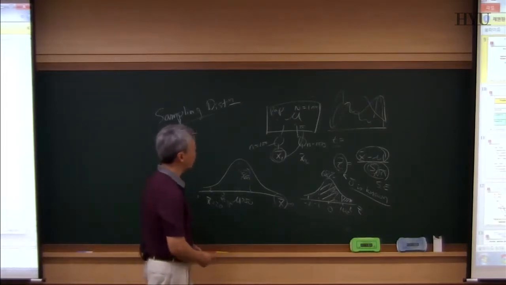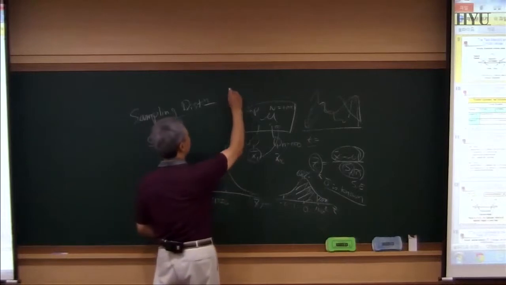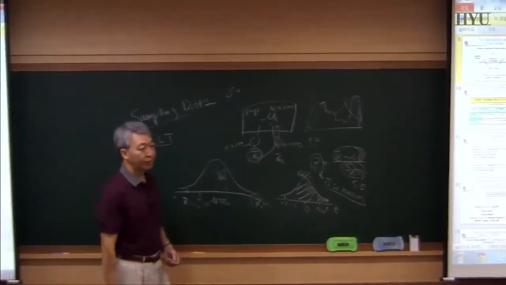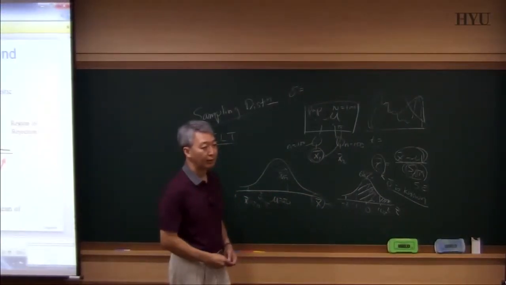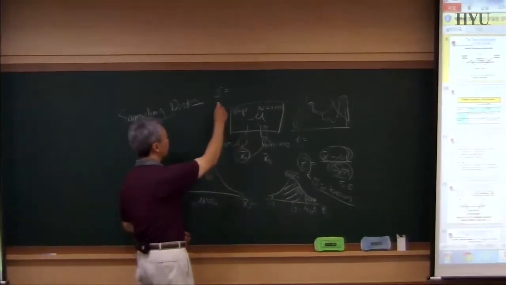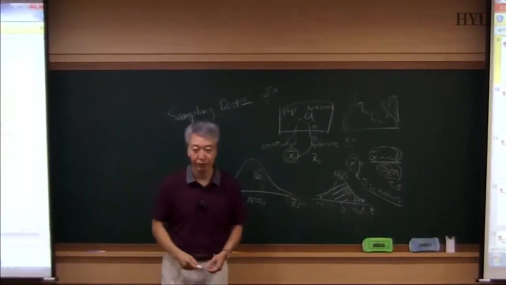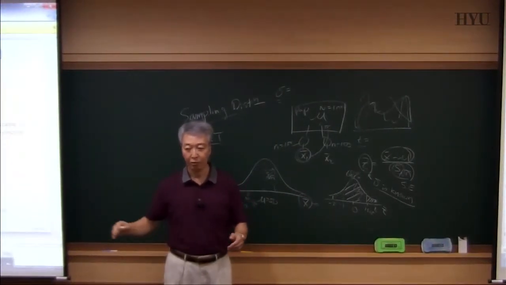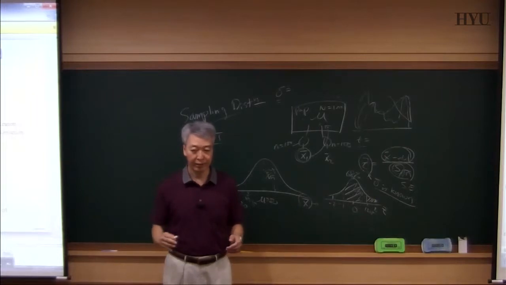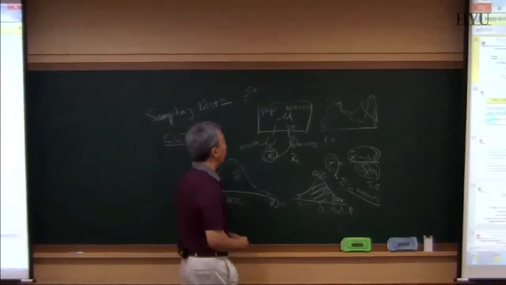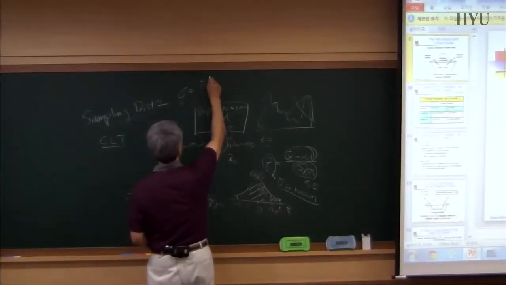But how do you calculate the population standard deviation? You still remember this formula? The concept of standard deviation, of course, is dispersion, right? How widely the data points are scattered.